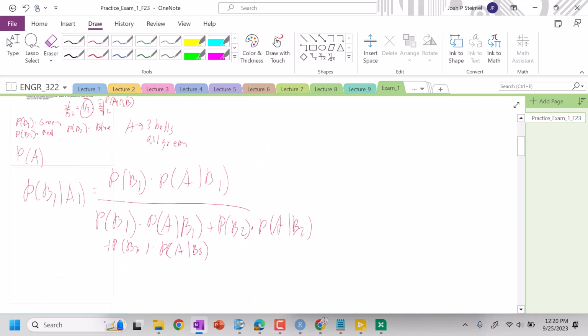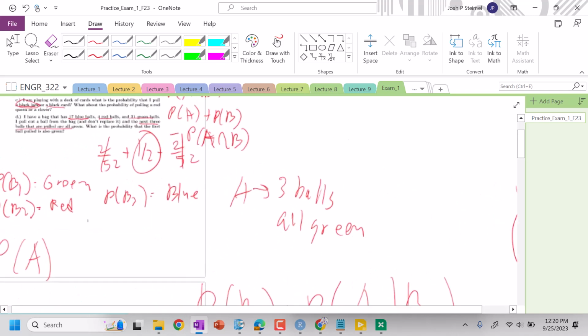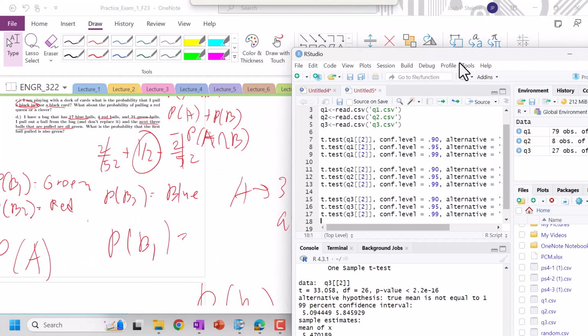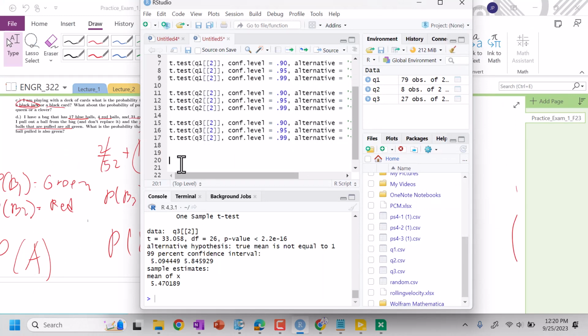All right, so let's look at the probability that the first ball is green. Let's go ahead and list this in R. My probability of B1, that the ball is green, is 21 divided by 17 plus 4 plus 21.